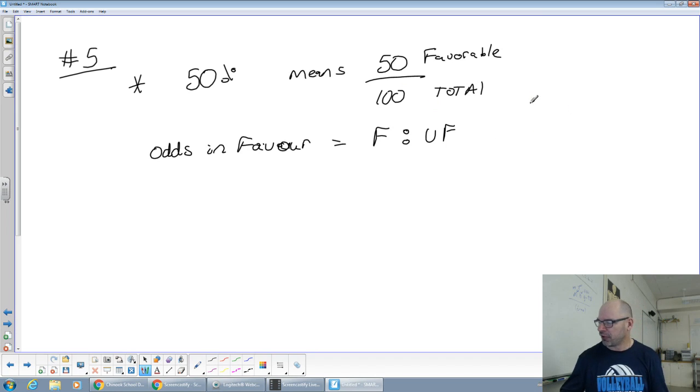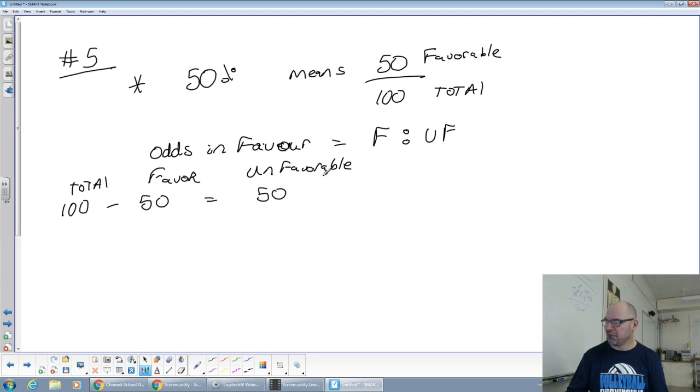So we have to figure it out. So remember that 100, the total, minus the favorable, which is 50, equals the unfavorable, which is 50.